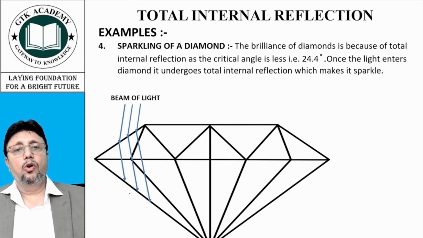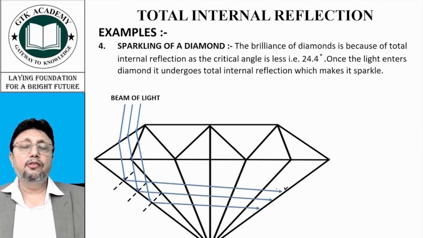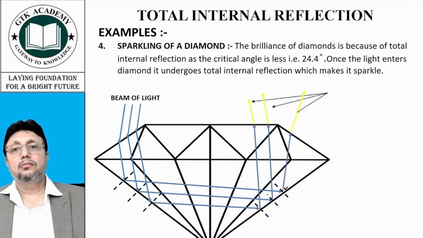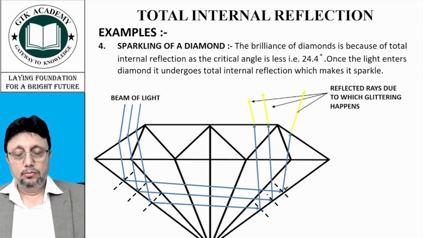Then this whole beam is going to be reflected, and at this surface also, if the angle of incidence is greater than the critical angle, again it is going to be reflected and it comes out as glitter. This is the reason why diamond glitters.